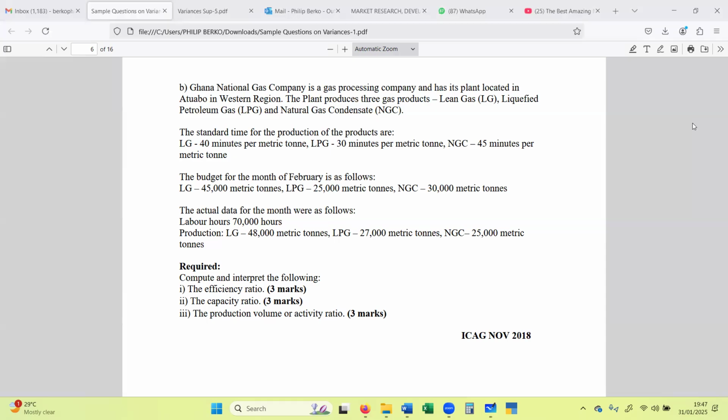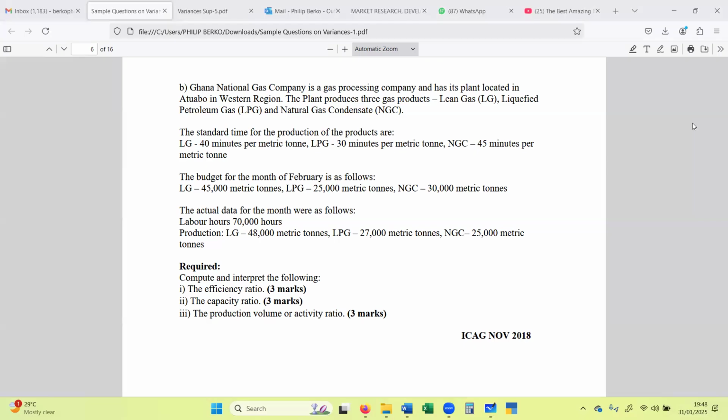The budget for the month of February is as follows: LG 45,000 metric tons, LPG 25,000 metric tons, NGC 30,000 metric tons. The actual data for the month were as follows: labor hours 70,000 hours, production LG 48,000 metric tons, LPG 27,000 metric tons, NGC 25,000 metric tons.